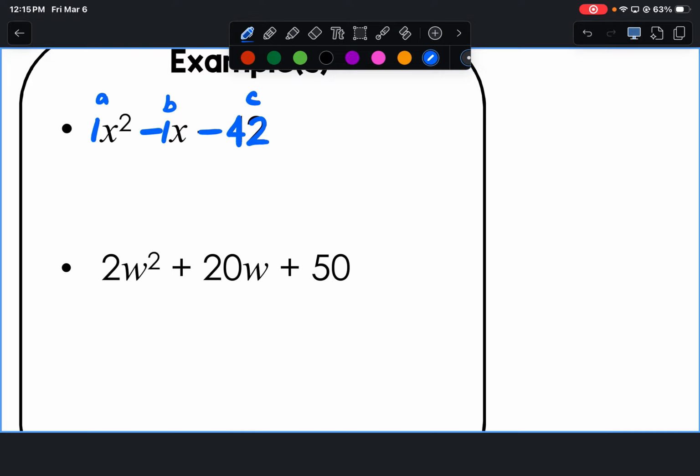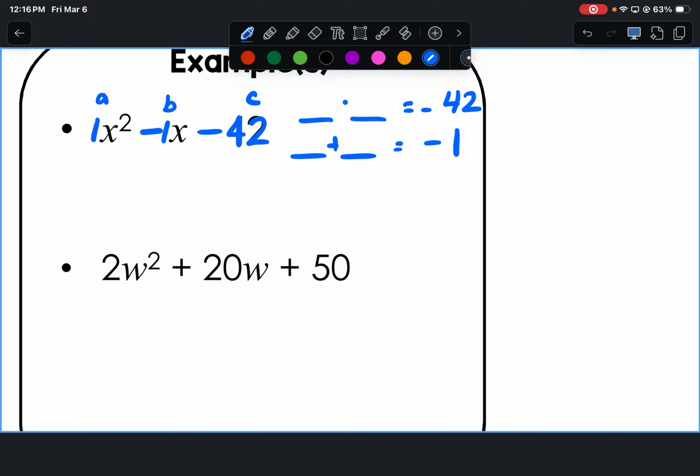So from here, we have to figure out what multiplies to give us our a times c. What is a times c in this question? Negative 42. And we have to figure out what adds to give us our b term. What is our b term? Negative 1. So what factors of 42 multiply to give us negative 42 but add to give us negative 1?